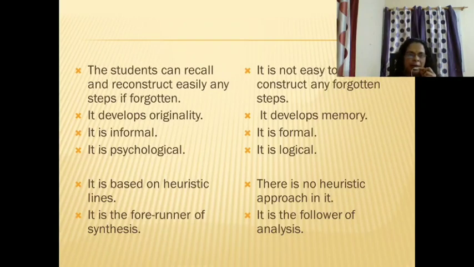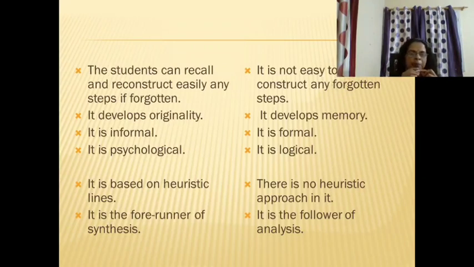The analytic method is the forerunner of synthesis, and the synthetic method is the follower of analysis. Forerunner of synthesis means before synthesizing something, we go for a deep analysis of that particular problem. But the synthetic method is a follower, meaning only after analytic do we use the synthetic.